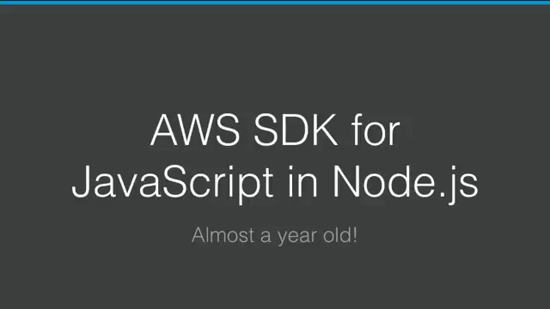And I think we added a lot of features over the last year, and we built a really strong foundation for our JavaScript SDK. We have full service parity, which means we support all features of all services in the AWS SDK for Node.js. And we're continuing to add higher level features and nice features like response pagination and waiters.